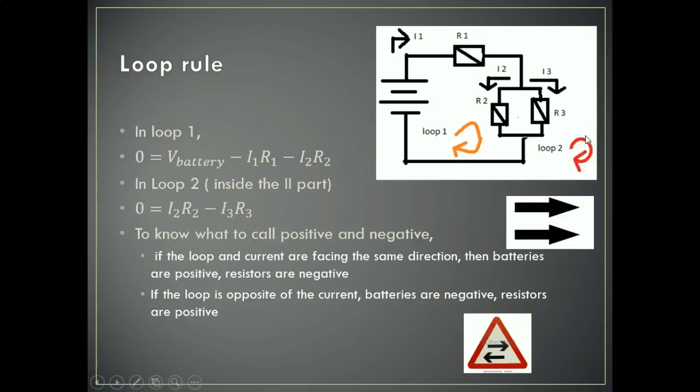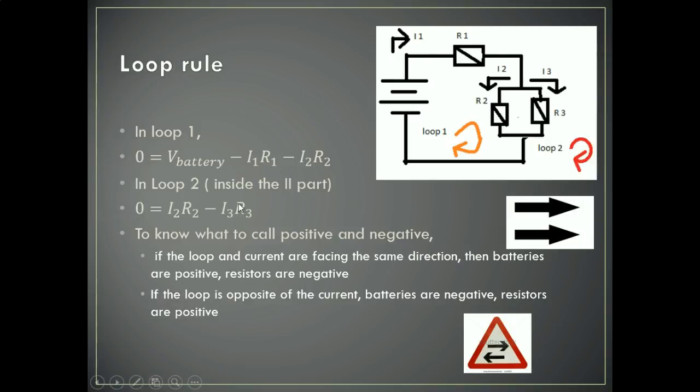So since loop 2 is clockwise, on this side they're going together, so resistors are negative. The other side, since the arrows are opposite, so R2, this arrow is going down, but the loop is going up. So this resistor is positive.